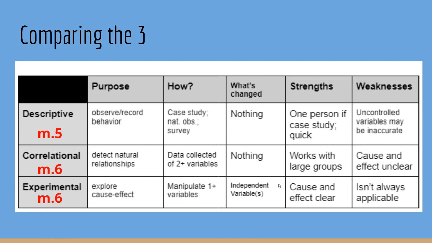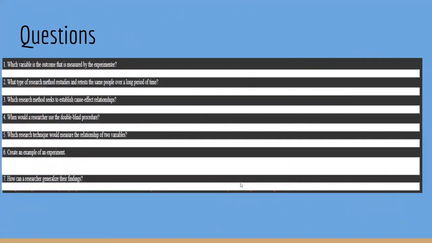Now, the correlational works with large groups. The cause and effect is clear for the experimental. That's why it's useful. And then the weakness is uncontrolled variables may be inaccurate. Cause and effect can be unclear. And it's not always applicable for an experiment. You can't just always do an experiment when you're trying to find something out.